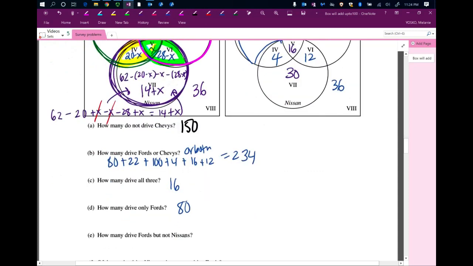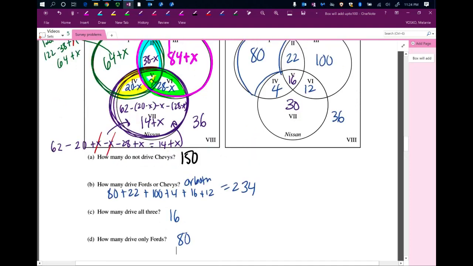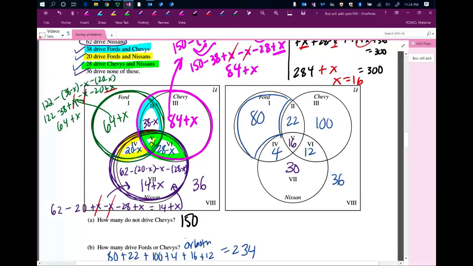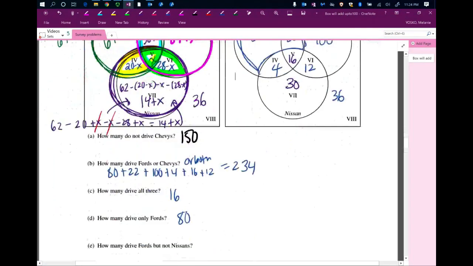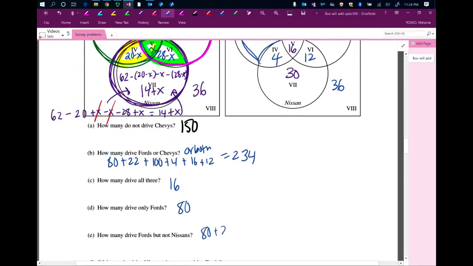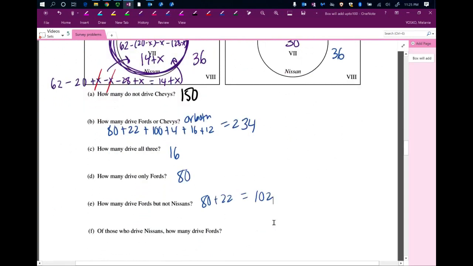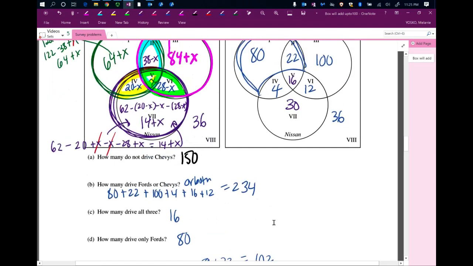And then, how many drive Fords but not Nissans? Fords but not Nissans. So I'm looking at the Ford circle. And I'm saying, okay, I'm going to use all of the Ford circle except the Nissan piece. So 80 plus 22, which is 102. I think there's one more question. Of those who drive Nissans, how many drive Fords?